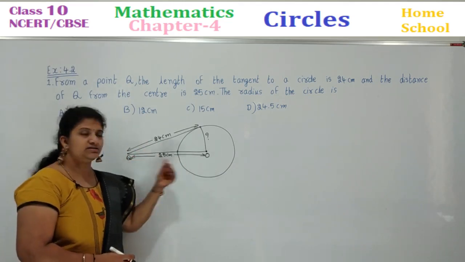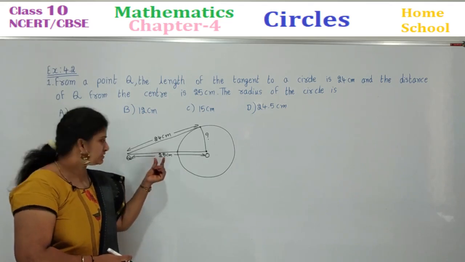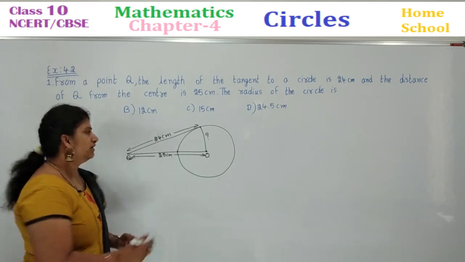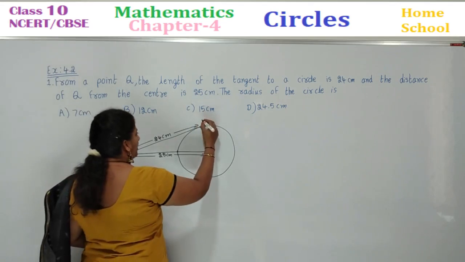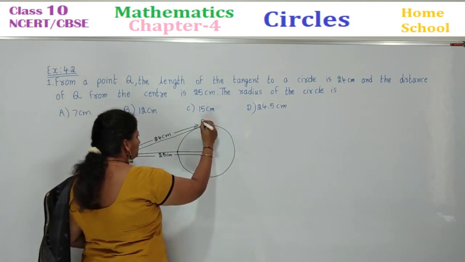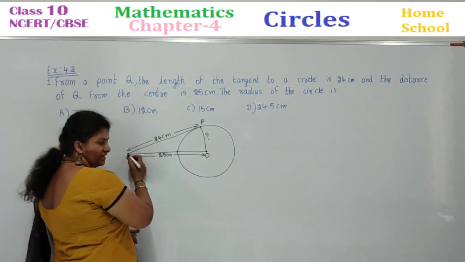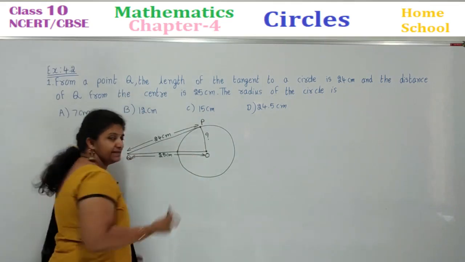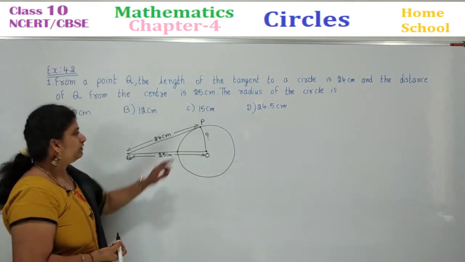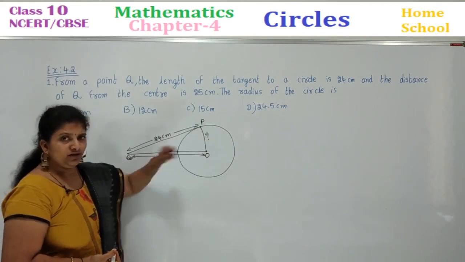The distance from the center to the point Q is 25 centimeters. Let us mark this P, the point of contact, and this is the external point. This is the center. You need to find the length of the radius.